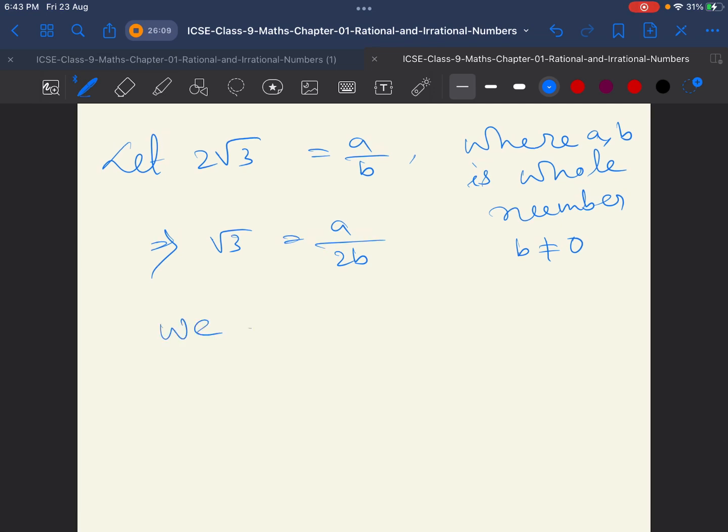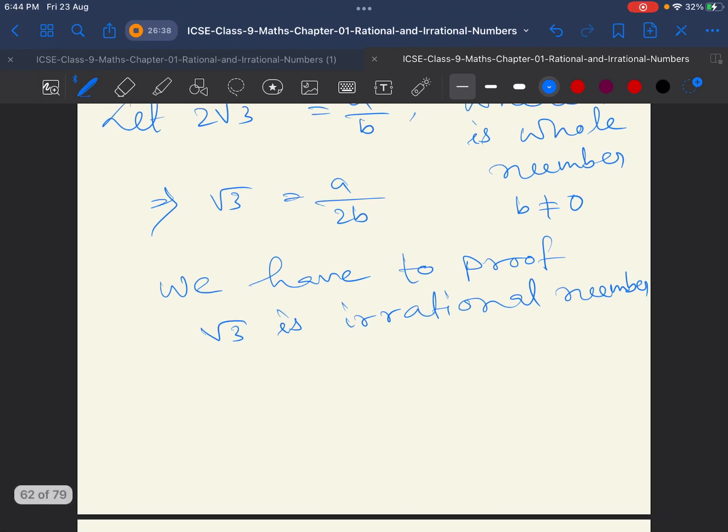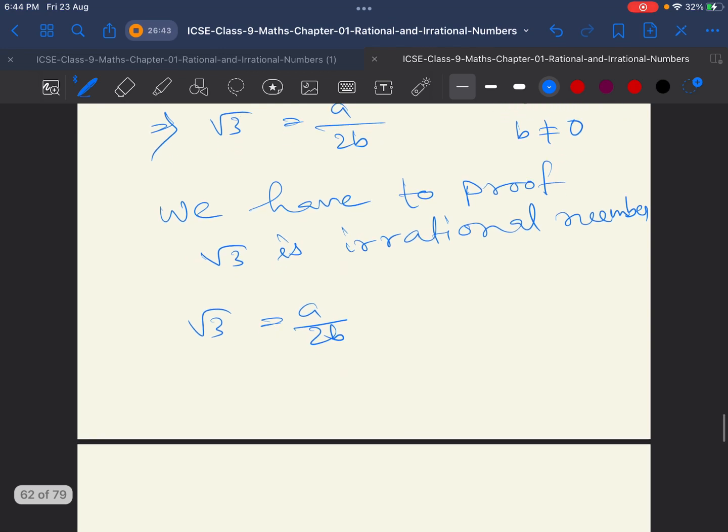So we have to prove root 3 is an irrational number. The product of a rational and any irrational number will be an irrational number. So first you see root 3 equals a by 2b.